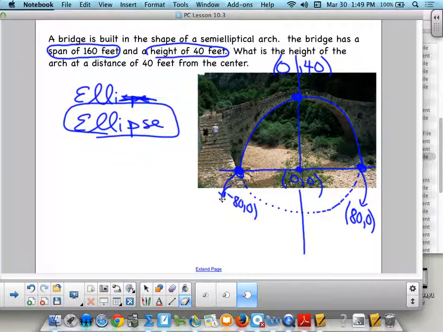What is the height of the arch at a distance 40 feet from the center? From the center, if I move 40 feet, I'd call that 40 about right there. What's the height of the arch right here? That ordered pair would be what?